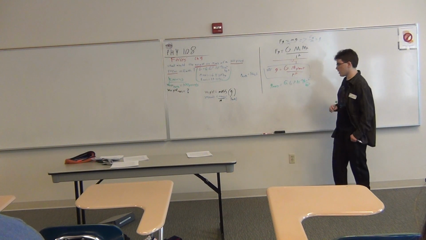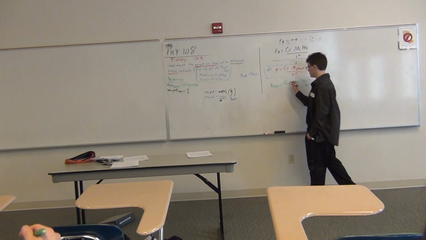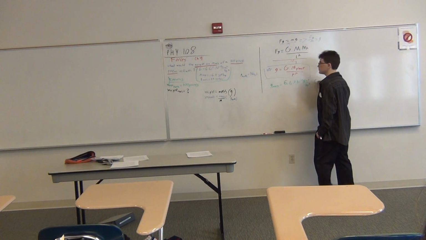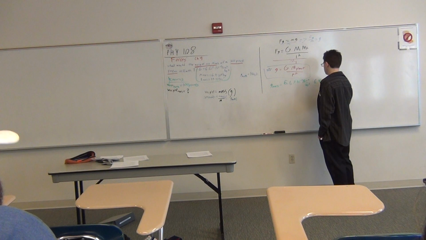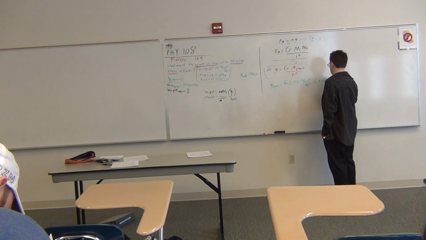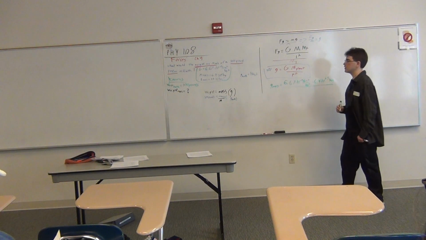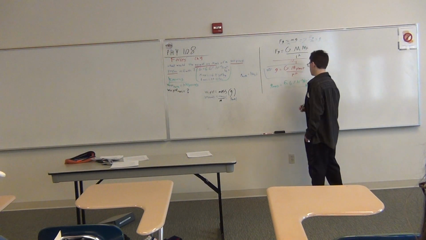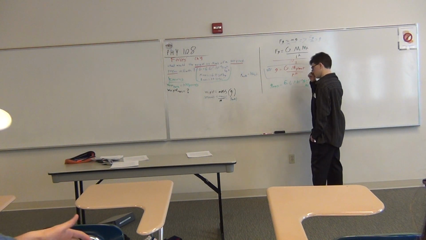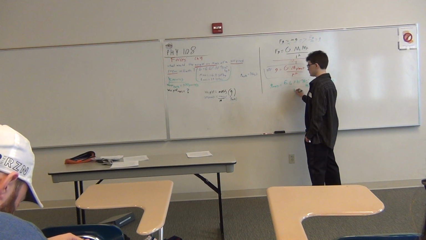Okay, what's the mass of Mars? 6.4 times 10 to the 23. And what is the radius of Mars? 3.4 times 10 to the 6.